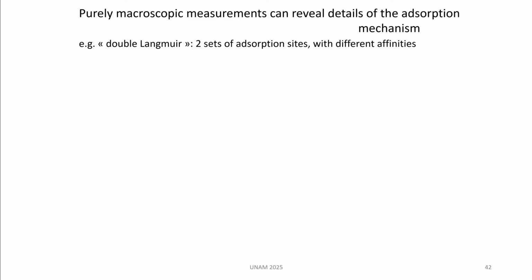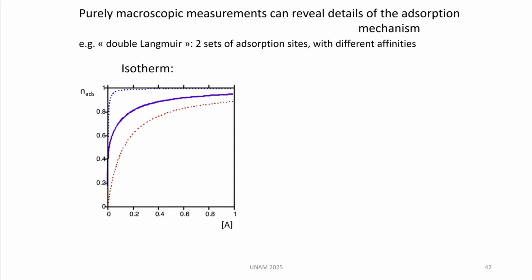Or, for example, here I have taken a theoretical case in which it would be a little more complicated. You would have two families of sites, two different little stars with two different adsorption strengths. There would be the sites with weak adsorption, represented here in red, and the sites with the strong adsorption, represented here in blue.